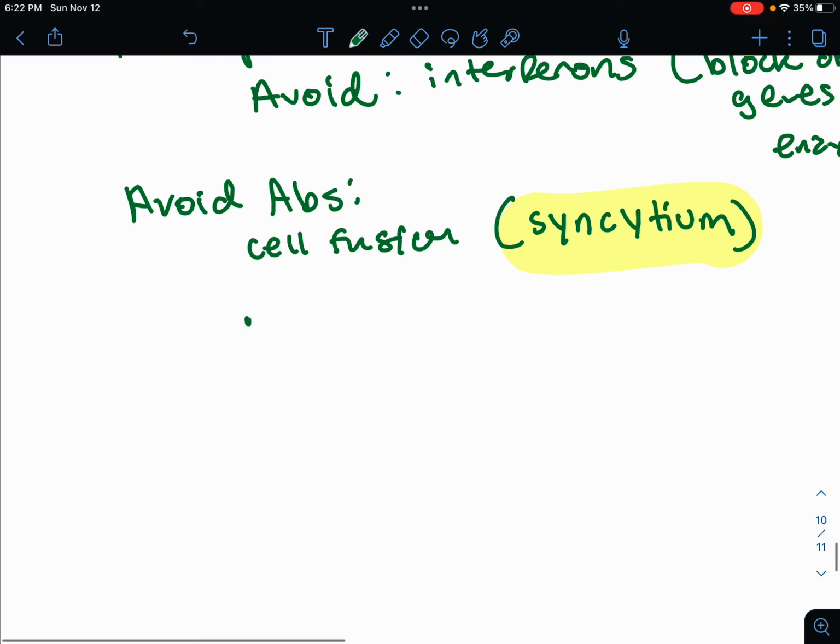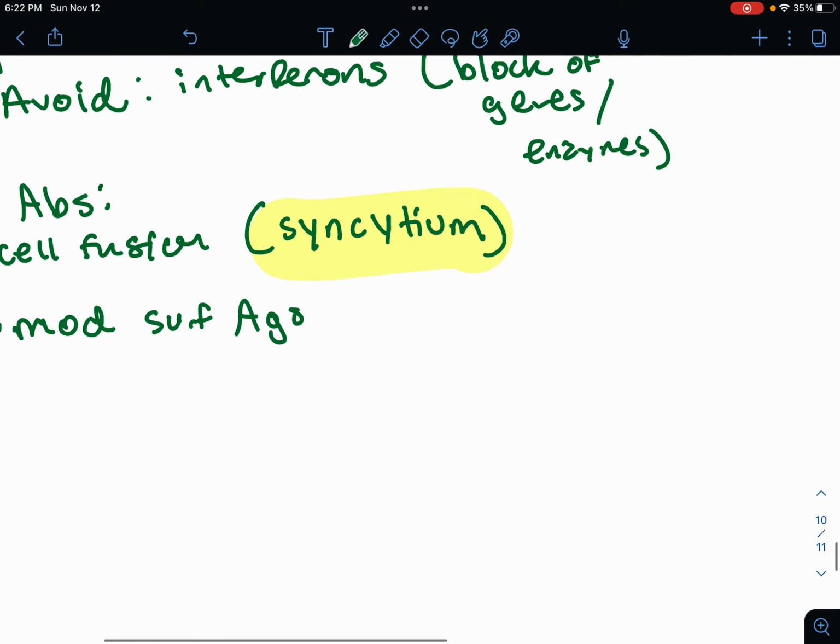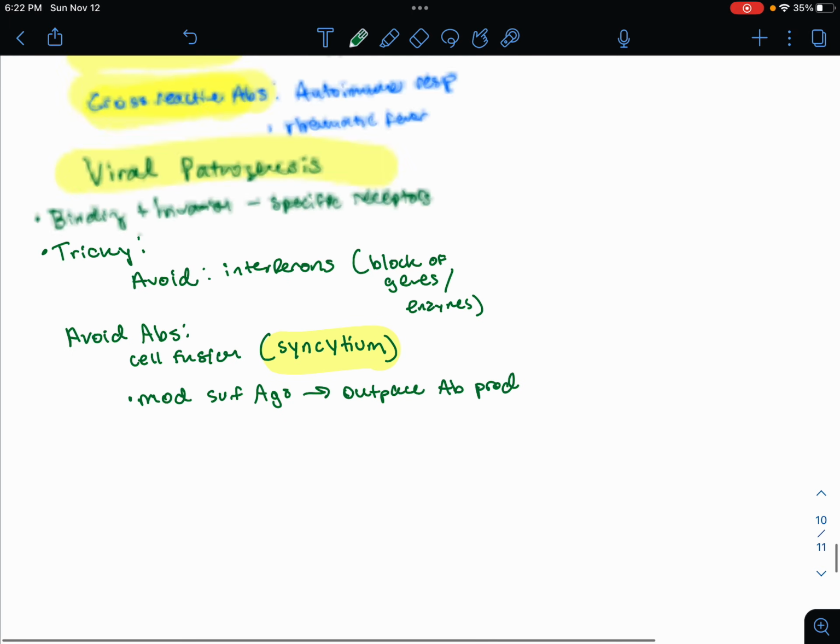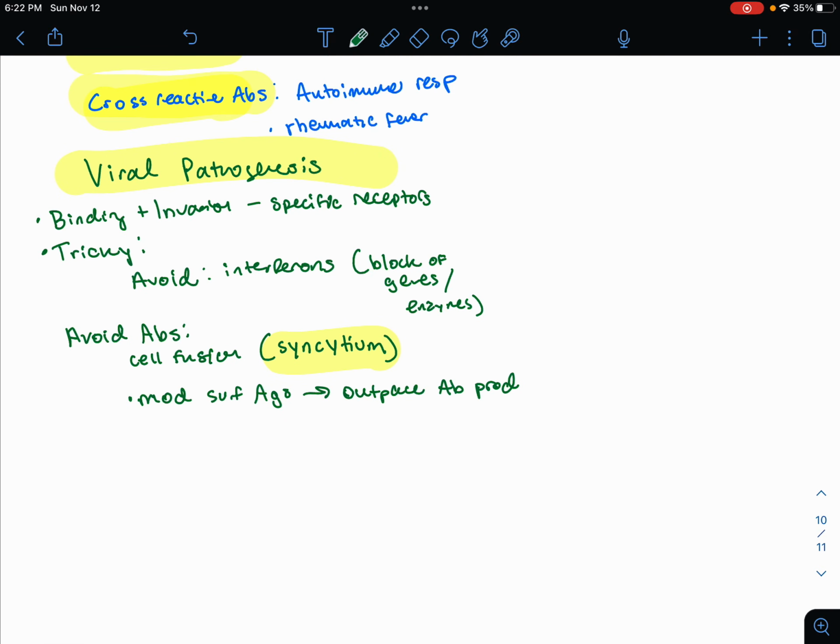They could modify the surface antigens, and they could outpace the antibody production. That's why we are in an arms race with microbes, especially viruses. We saw with the pandemic, we need to be on top of these things because we could have all these different variants coming at us at a single time if we're not careful in how we're selecting a vaccine and we're not making good lifestyle choices.